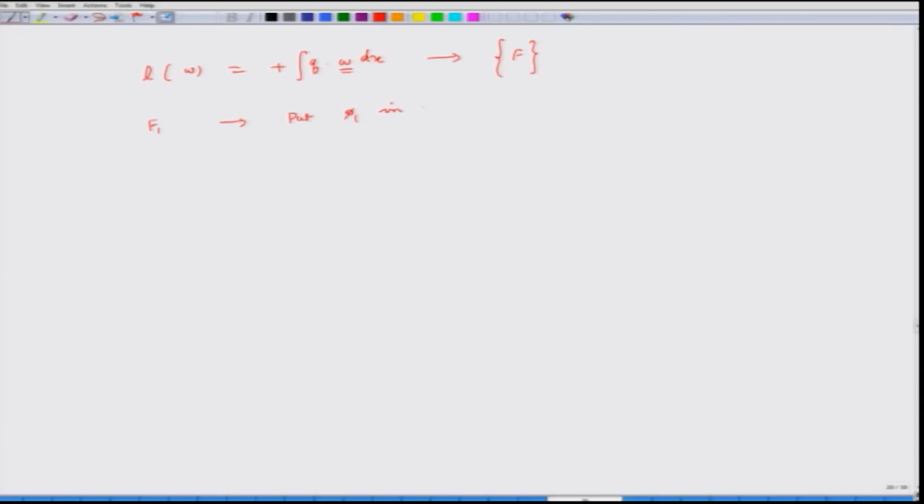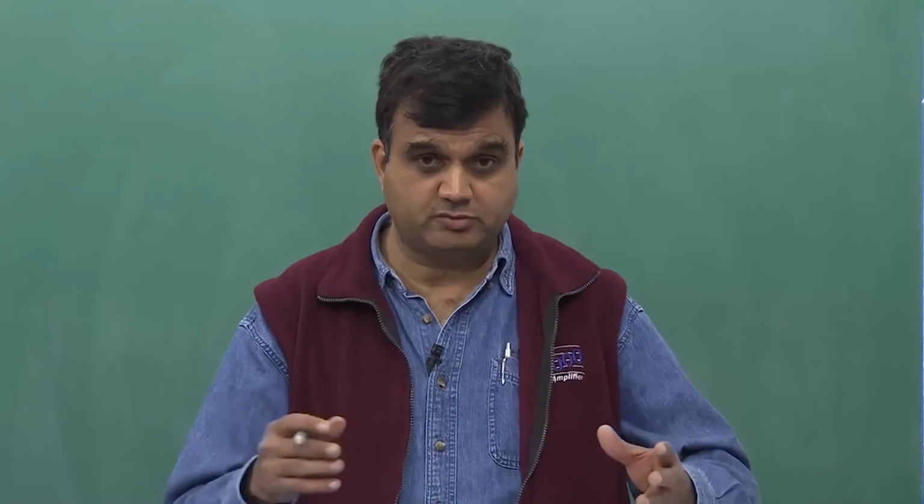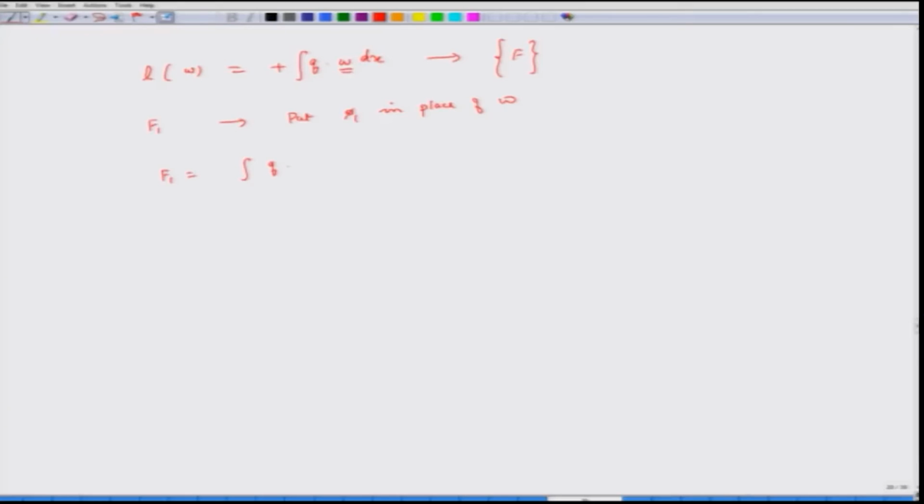I put phi1 in place of W. So, I get F1 is equal to the integral of Q, and I know Q can be a constant or a varying function, I do not know, it depends on the nature of the problem, but that is known. So, this times phi I times dx from 0 to L. And similarly F2, in this case the choice of W is phi 2.